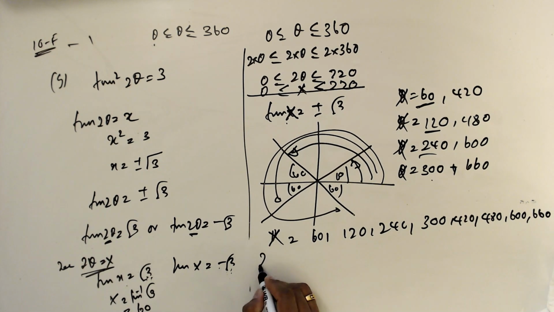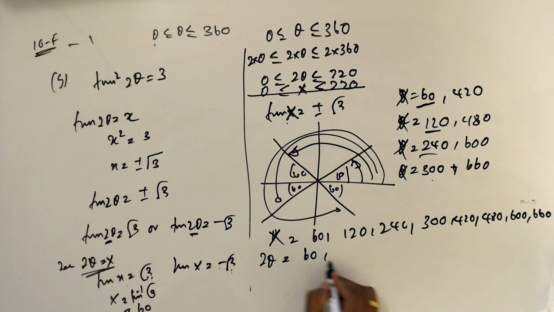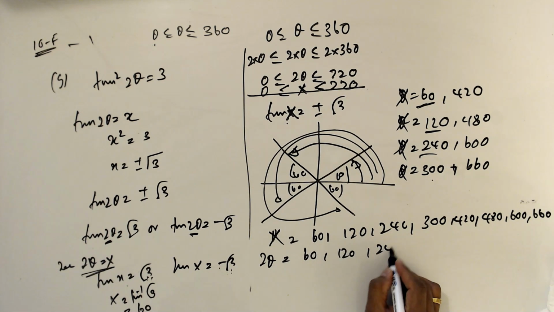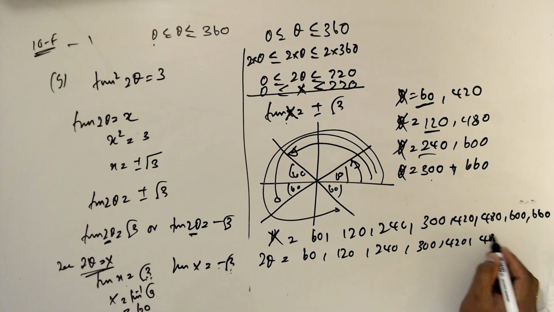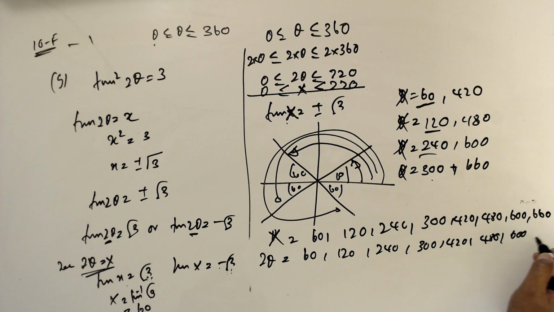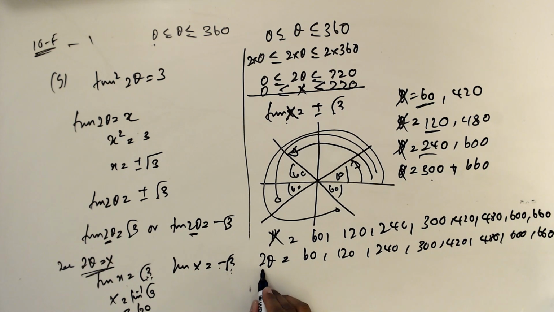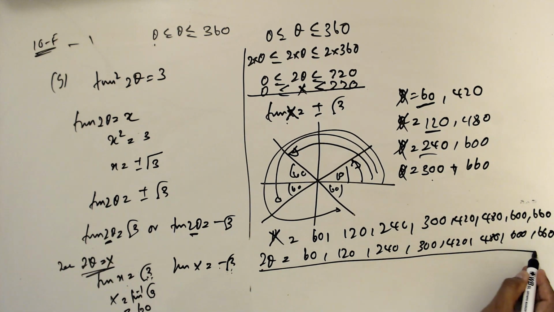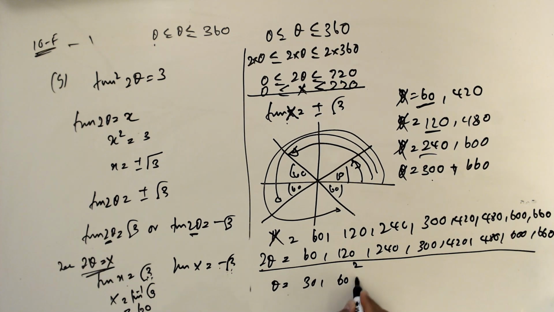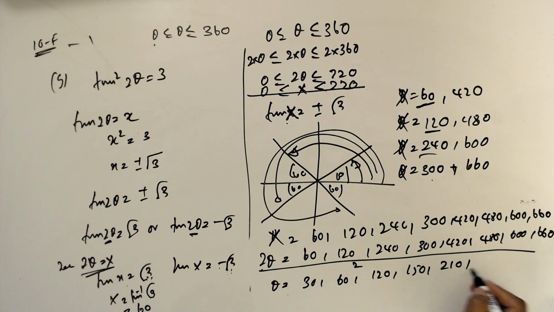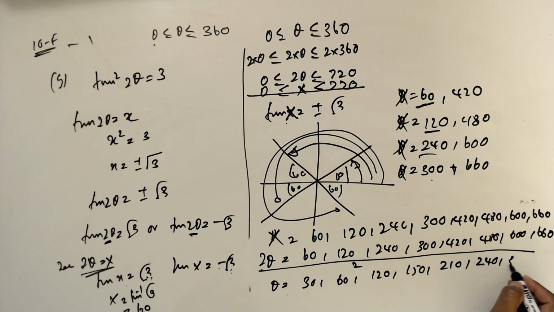So X equals 60, 120, 240, 300, 420, 480, 600, 660. I'll divide everything by 2 to find theta. So theta is 30, 60, 120, 150, 210, 240, 300 and 330.